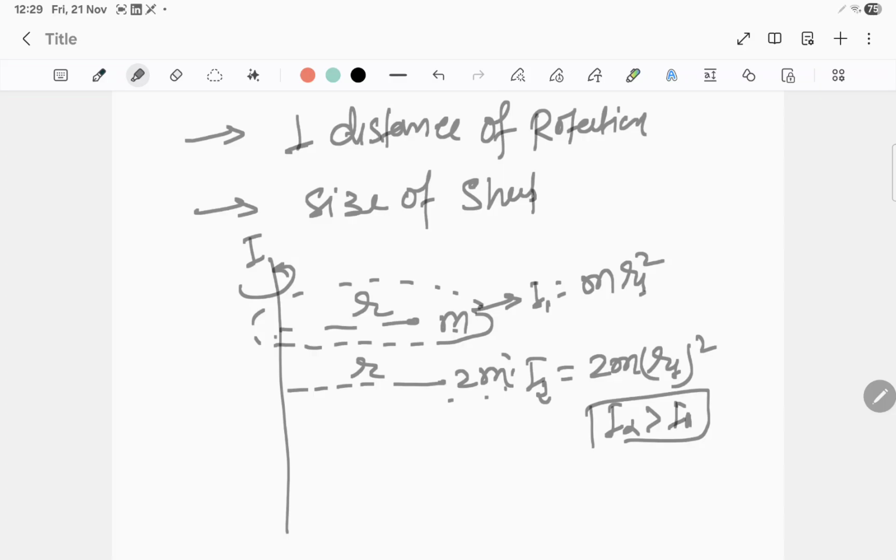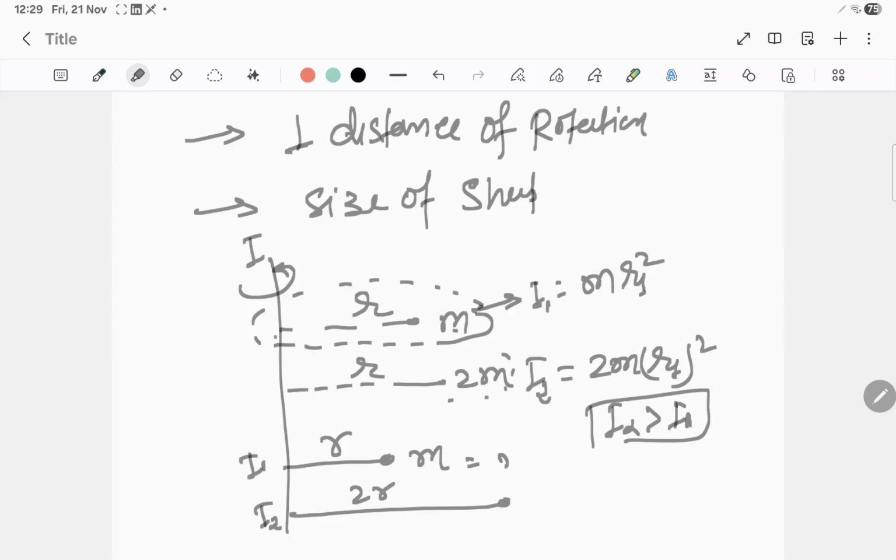Now the next one is the perpendicular distance from the axis of rotation. Let us consider the same mass. This is m and this is also m, but this one is at distance r and this one is at distance 2r. Again this is I1 and this is I2.